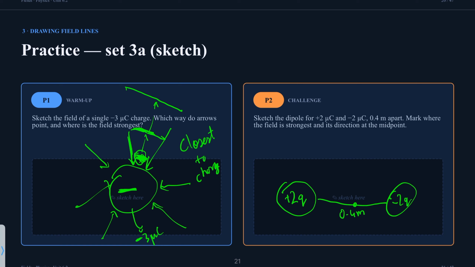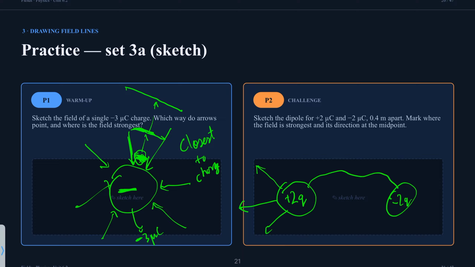So at the midpoint, right? Think of what would happen. At the midpoint, or before that actually, let's go over where the field is strongest. So if I was to draw just the field here without anything else, it probably looks something like this, right?